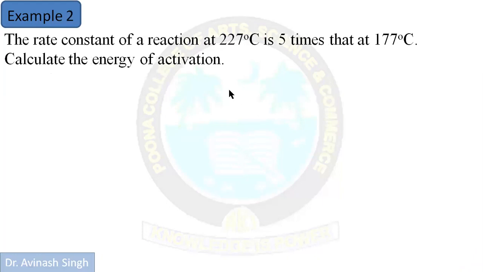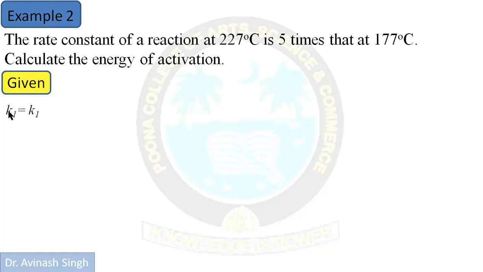In the second type of example, instead of giving the value of K, what is written is that at two different temperatures, the K value is 5 times or 3 times or 2 times bigger. Over here in this numerical, it is 5 times.